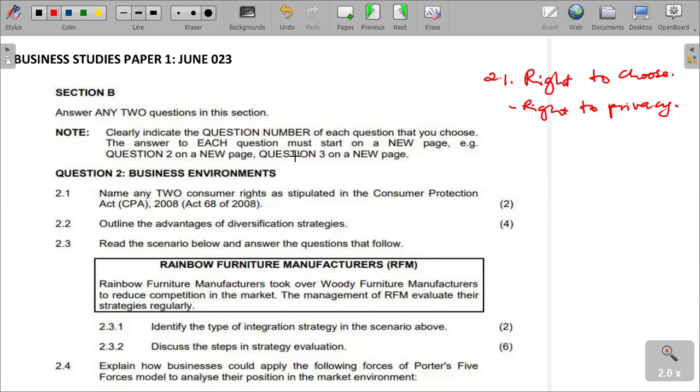We can as well say right to fair and honest dealings.